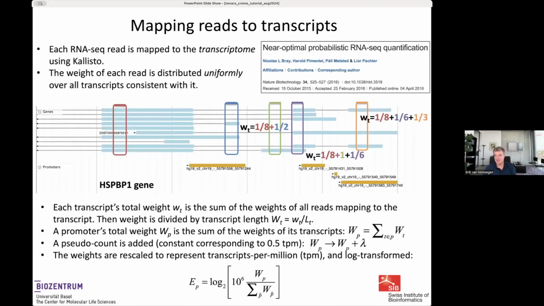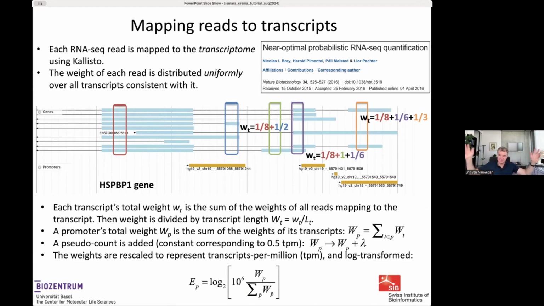What is now actually happening? What are the technical details? Again, I don't want to spend a lot of time, but I want to say enough that for experts, it's clear what is happening. First of all, for the mapping we use a tool from the lab of Lior Pachter called Kallisto. Kallisto maps the reads that are given to us, not to the genome, but directly to the transcriptome.